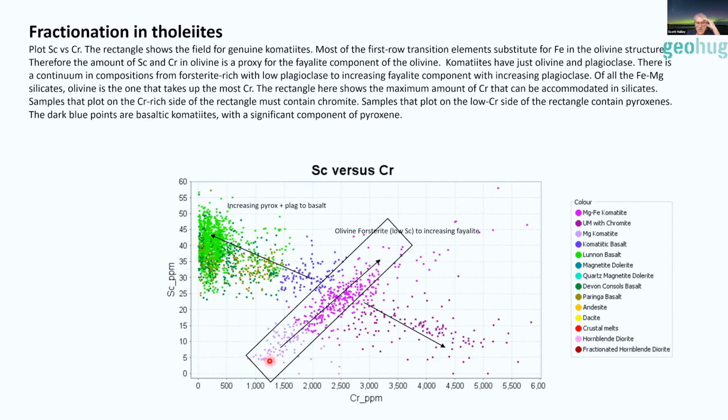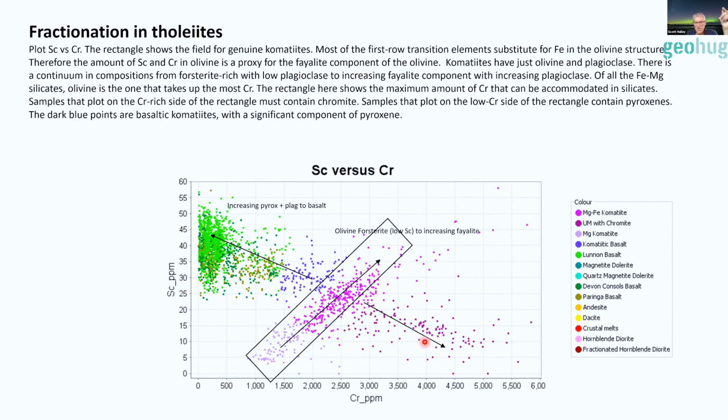There's a really strong linear trend in here. It says there's a limit to how much scandium and chrome can be accommodated in olivine, and the more iron-rich the olivine is, the more scandium and chrome can go into that mineral.